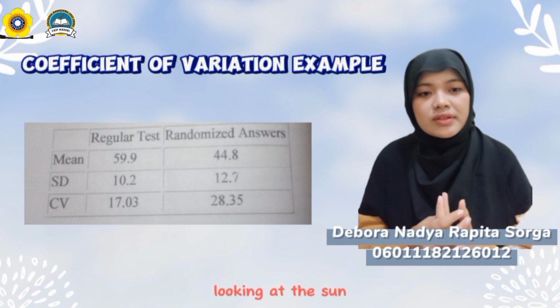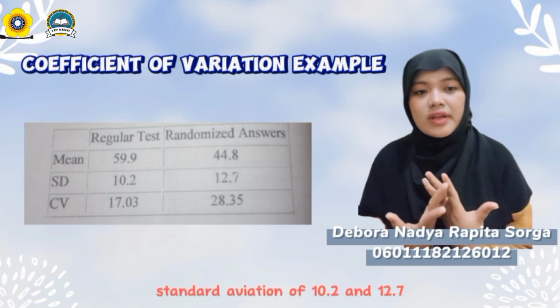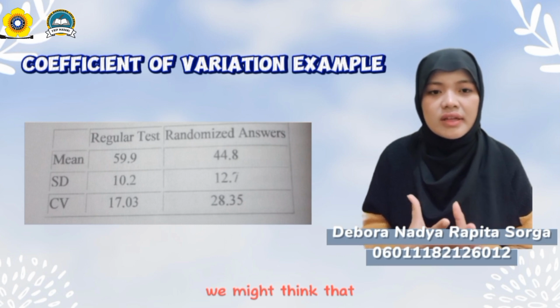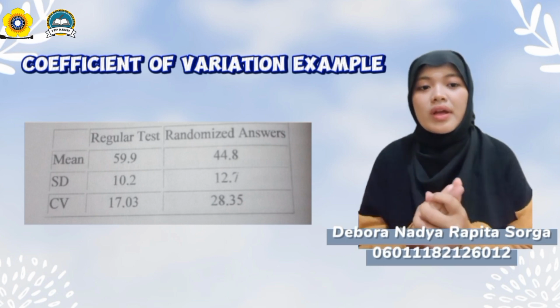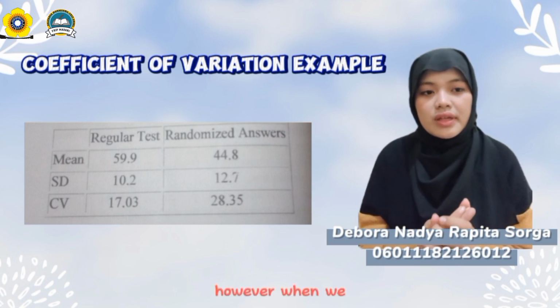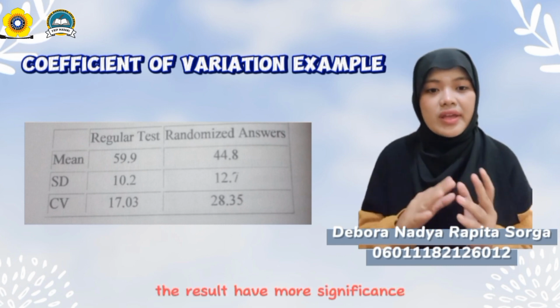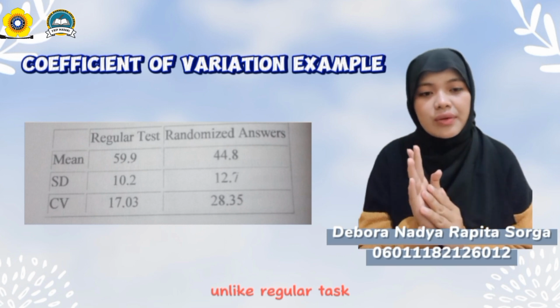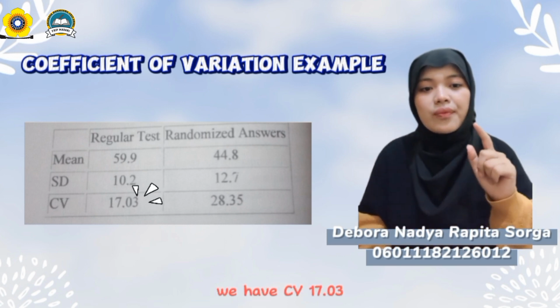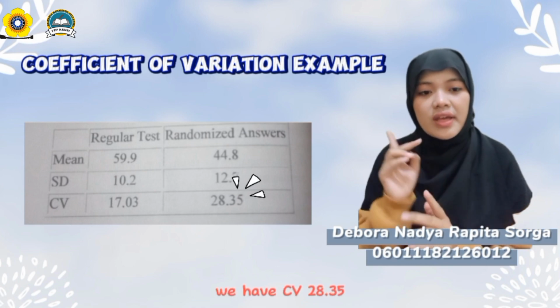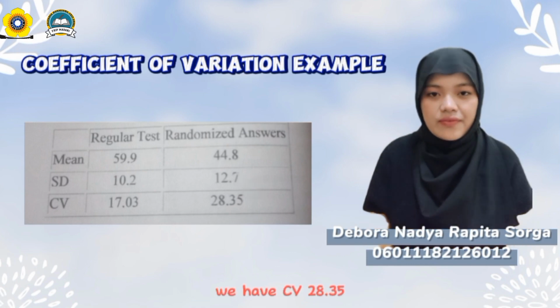Looking at the standard deviations of 10.2 and 12.7, we might think that the tests have similar results. However, when we adjust for the difference in the means, the results have more significance. For the regular test, we have a CV of 17.03 and for the randomized answer test, we have a CV of 28.35.